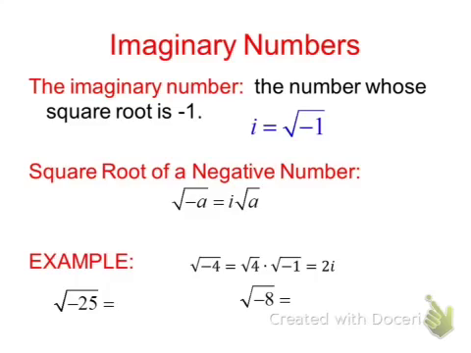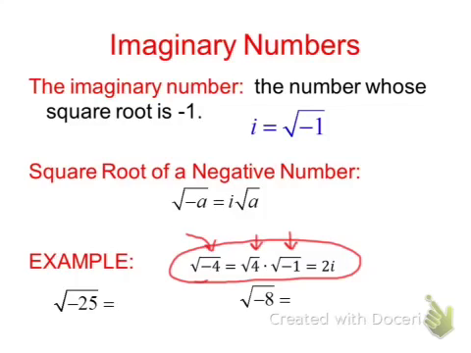If you look down here at the bottom of my slide, I have one in particular that I've worked out for you already. If I take you through the process, you'll see that I started with the square root of -4. By our rules of exponents and properties of radicals, I can separate that into two separate factors of 4 and -1.